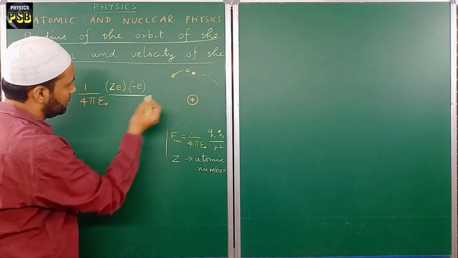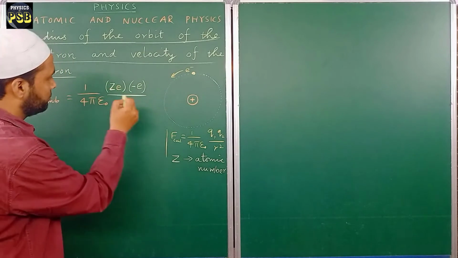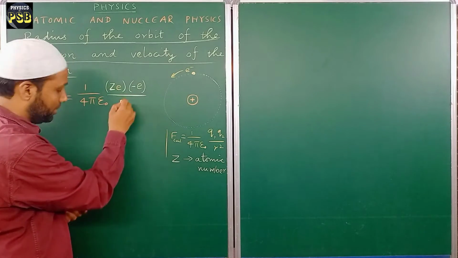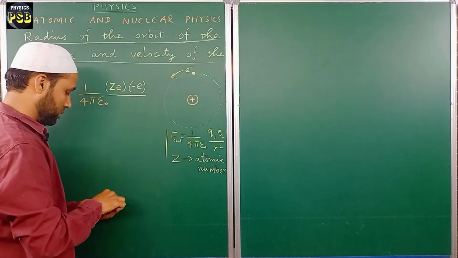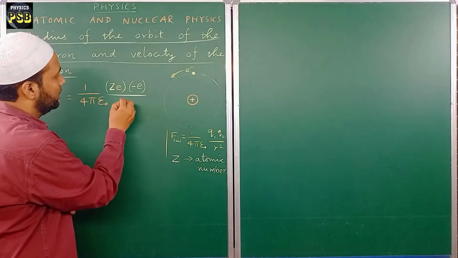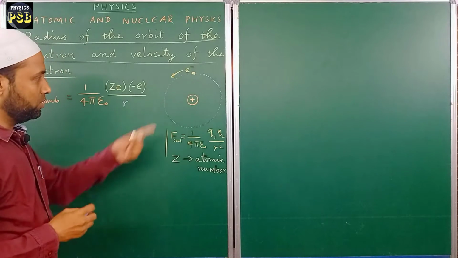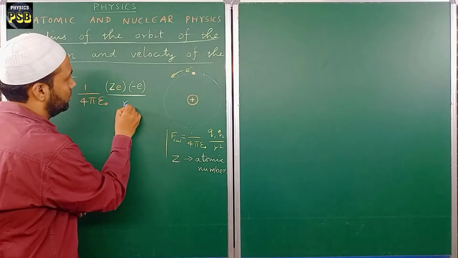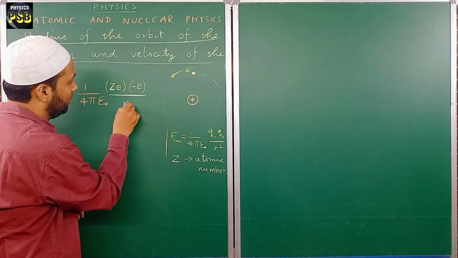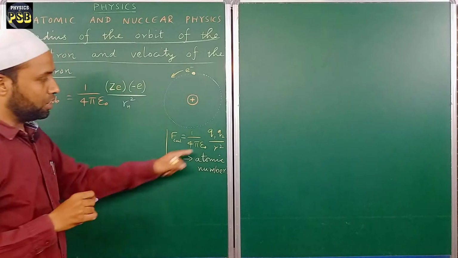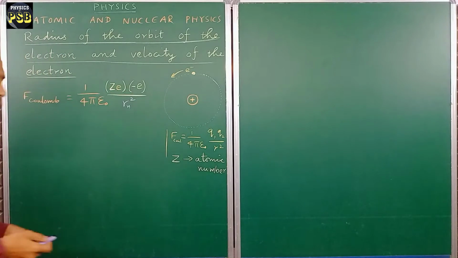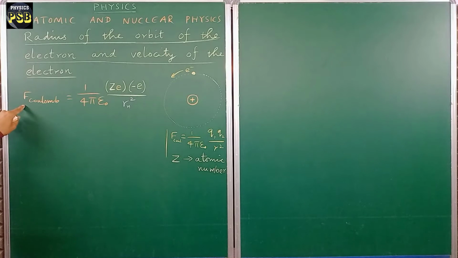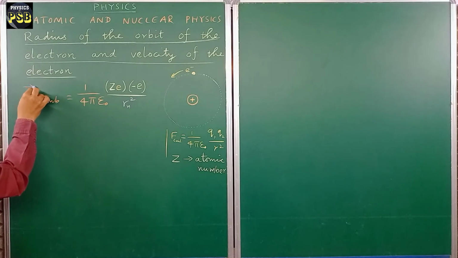I divide this, and in the denominator I mention the radius of the orbit. Here I take the nth orbit, so Rn square. We know very well force is a vector quantity, so I use an arrow mark here.